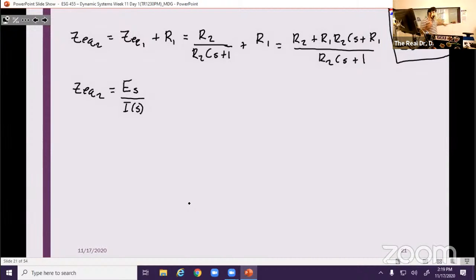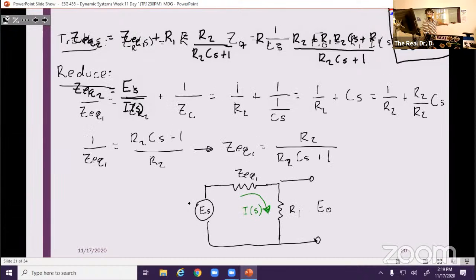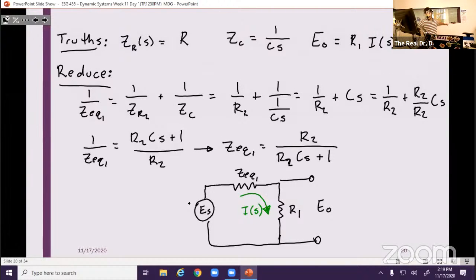Well, I know I, but I need to get I in terms of E out, right? And luckily we have that. Because we have this, right? We know E out. So in the beginning, we know the voltage drop here.